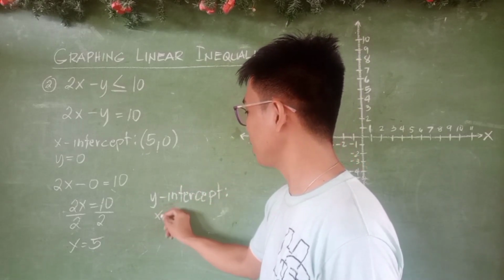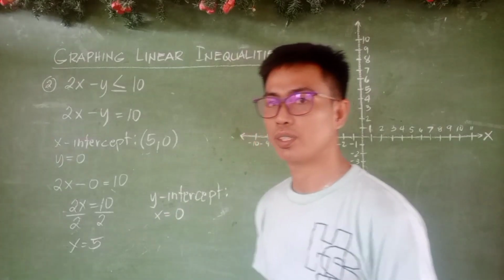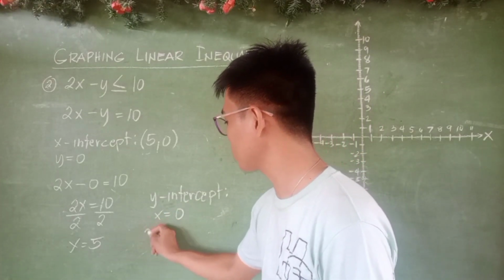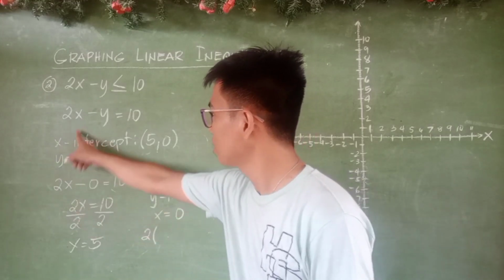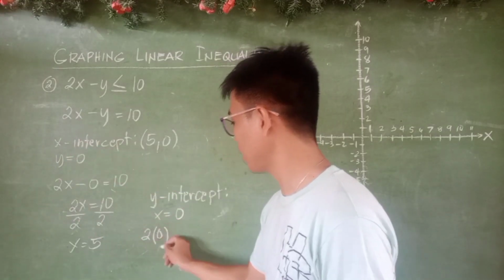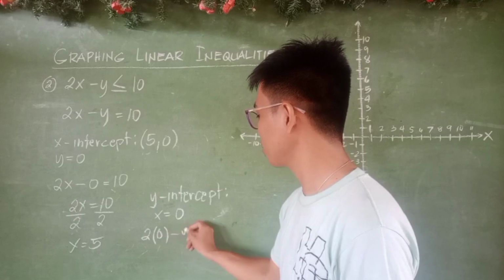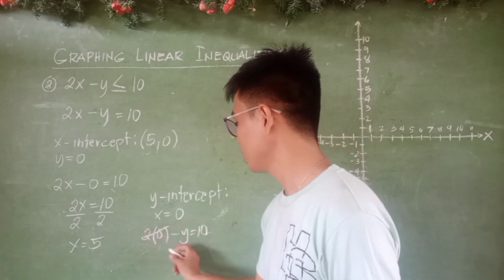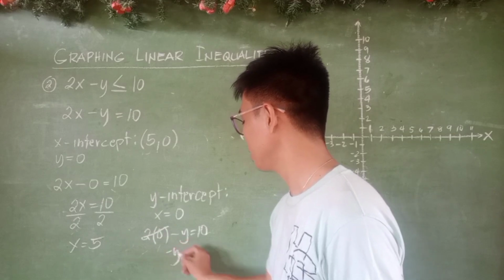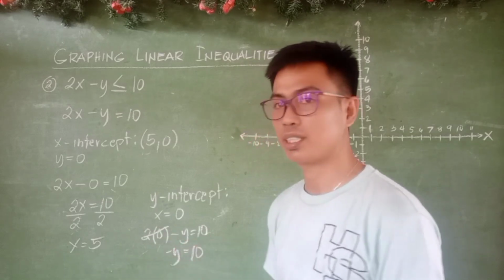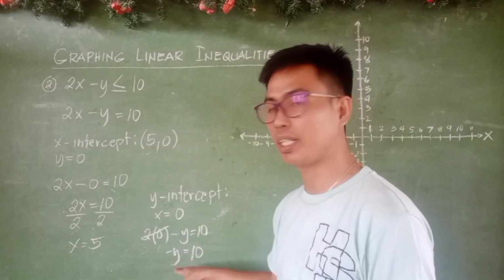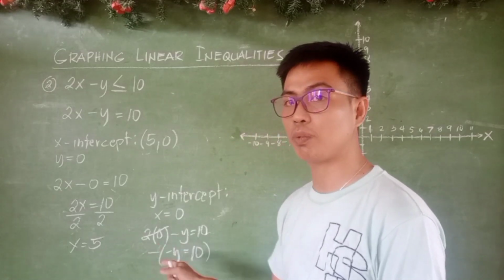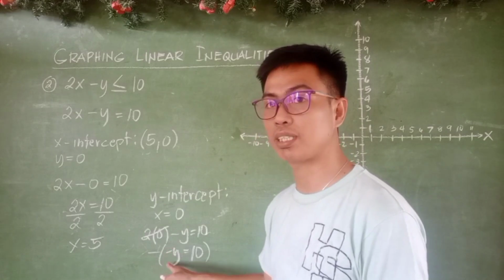Para naman sa y-intercept, ang x naman natin ay equal to 0. So substituting the given value, we have 2 times 0, since ang value ng x is 0, minus y equals 10. So cancel na to. So we have negative y equals 10. Since negative yung y, we are just going to multiply the equation by negative 1, para maging positive yung negative y.